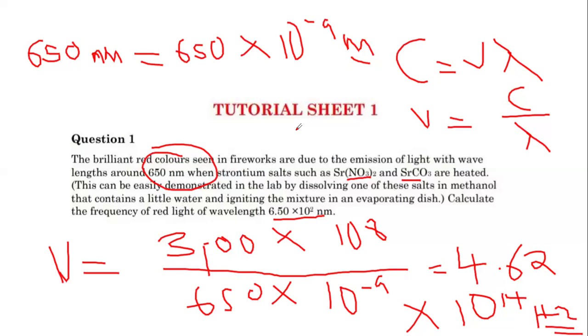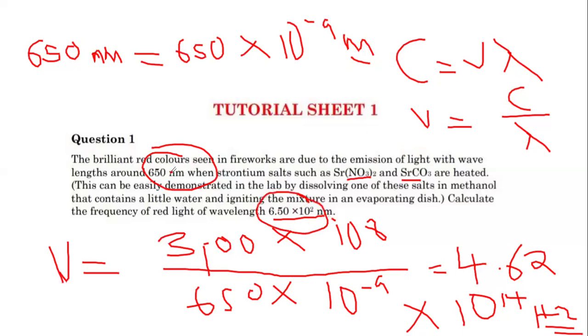So, how do you know which one to use? Because we were given the first wavelength for around 650. Then we also have a wavelength down there, 6.50. Okay, so those two wavelengths are actually the same. This one down here has just been put in scientific notation, if you have noticed.